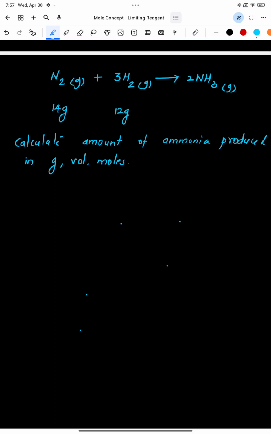Step 1. The reaction is already balanced. Step 2. Calculate the number of moles. So here, the number of moles of nitrogen would be 14 grams over 28.